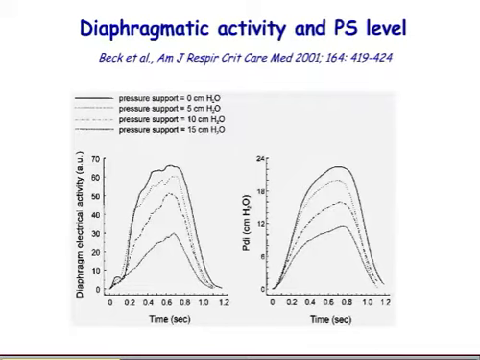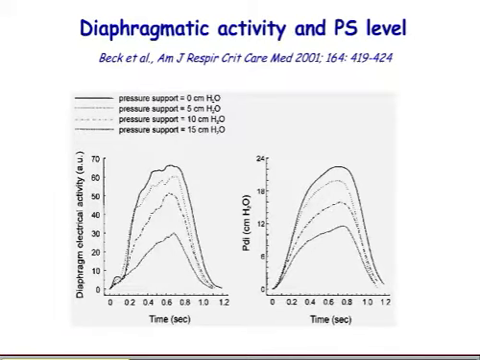As you increase the level of pressure support, from this dark line here, which would be no pressure support, down to the dotted line where you have 15 centimeters of water pressure support, you have a decrease in the diaphragmatic electrical activity, and this is accompanied by a mechanical action, which is a decrease in the inspiratory diaphragmatic effort. So the more pressure support you apply to the patients, the less work the respiratory muscles are going to perform.